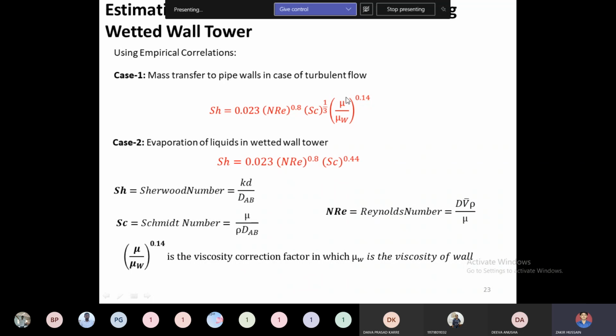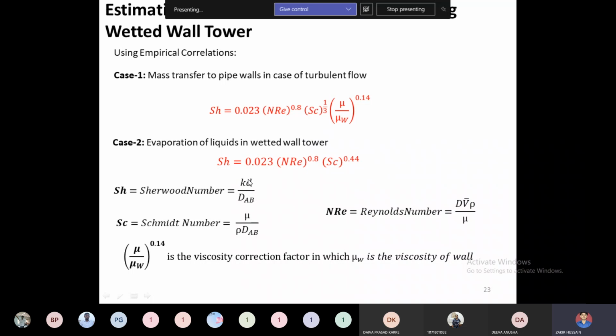This is the viscosity correction factor nu by nu W. The Sherwood number SH is KD divided by DAB, where small k is the mass transfer coefficient, whose units are mole per unit area per unit time into driving force.